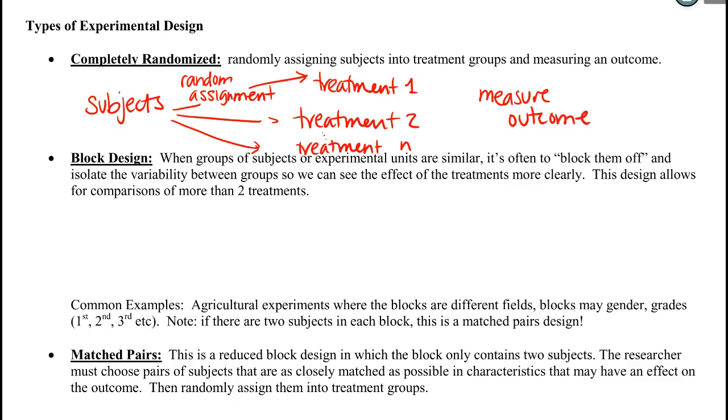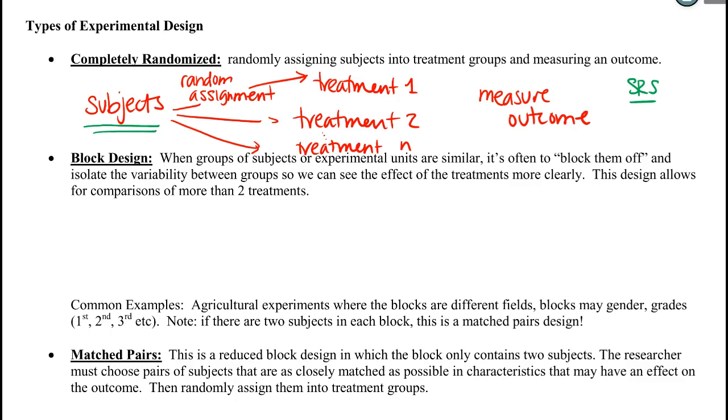All right, so this might remind you a little bit of our SRS. It's very similar in terms of our sampling design, right? In sampling design, we start with our sampling frame, and then we randomly select our sample using any sort of random mechanism. So very similar to our completely randomized. Big difference here is that in a completely randomized experiment, we already start with all of our subjects.